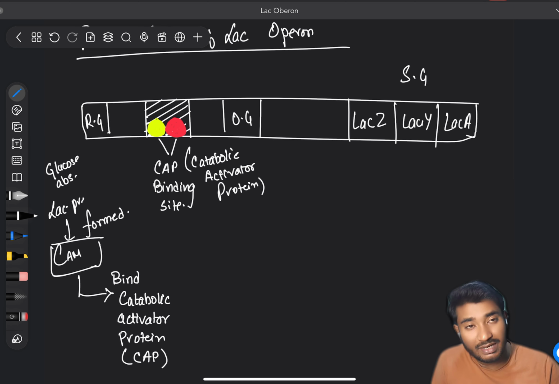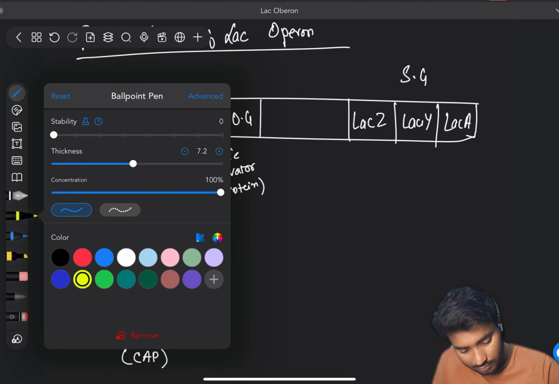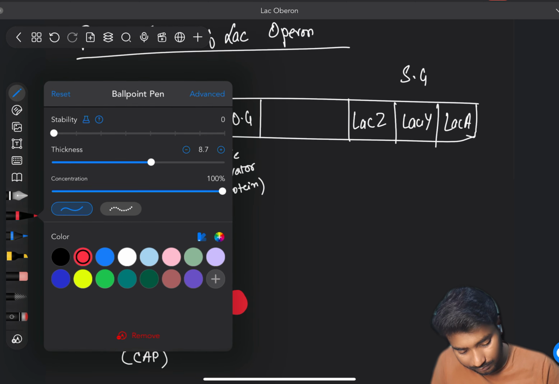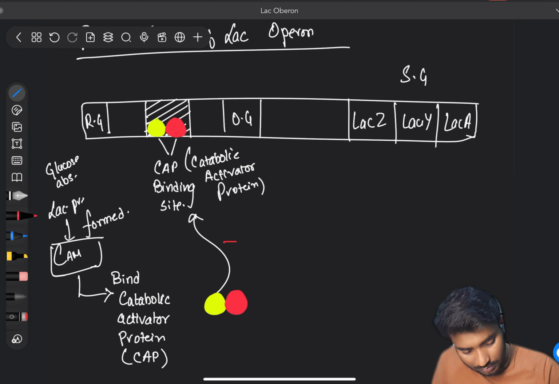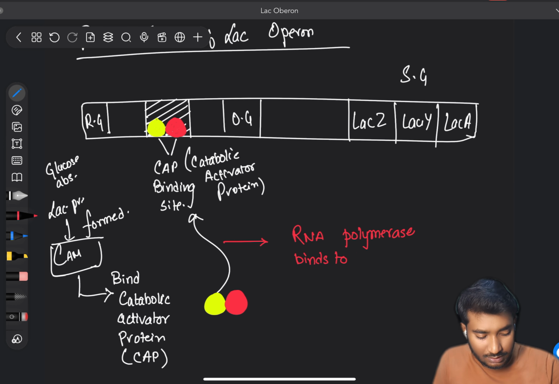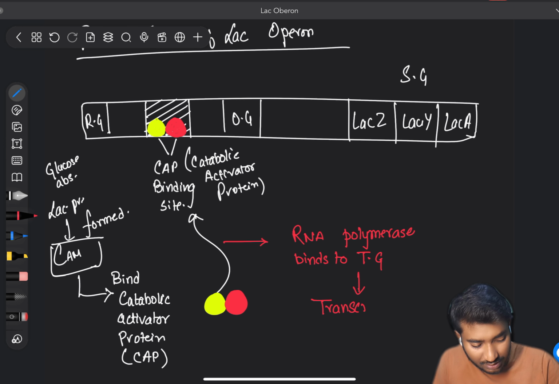Now this catabolite activator protein, ultimately RNA polymerase, binds to the transcription site.